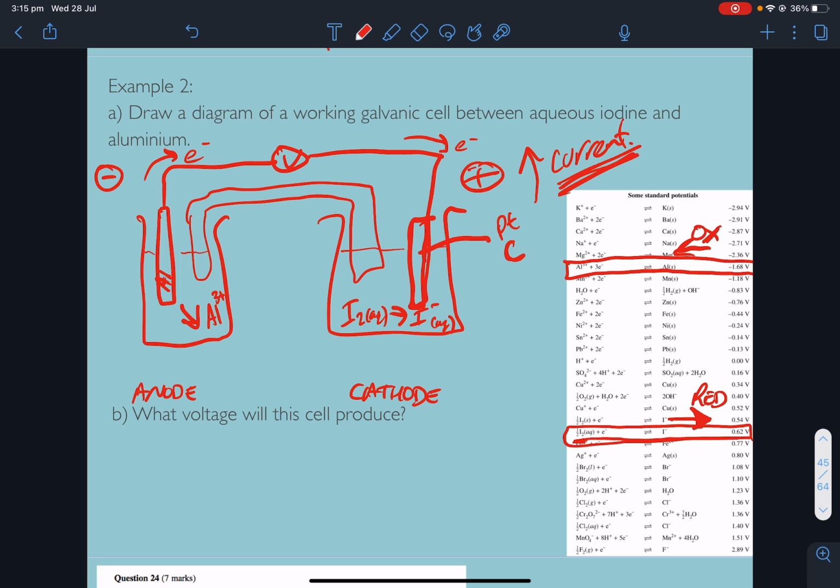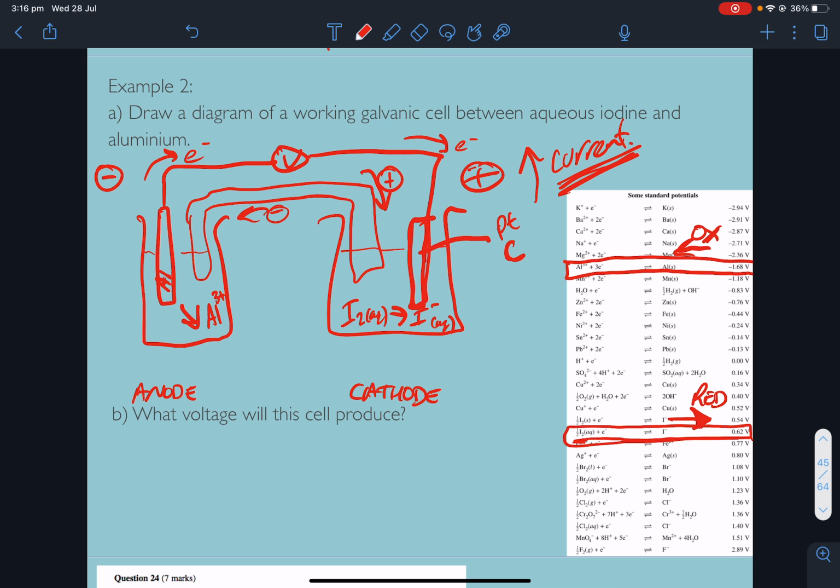Let's go into a bit more detail, but not too much more. Positives and negatives will be going back and forth. Because we're producing positives on the left-hand side, negatives will be going that way. And because we're gaining negatives over this right-hand side, we must gain positives to balance it out. So we'll be transferring negatives and positives that way.